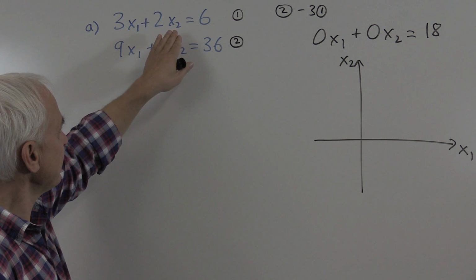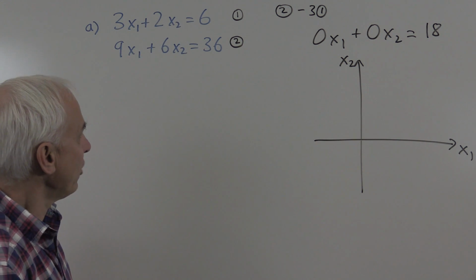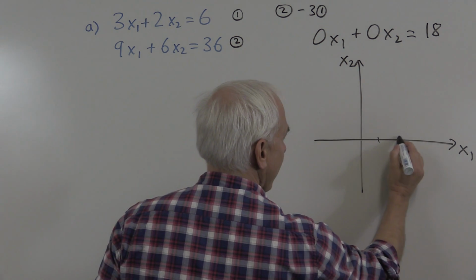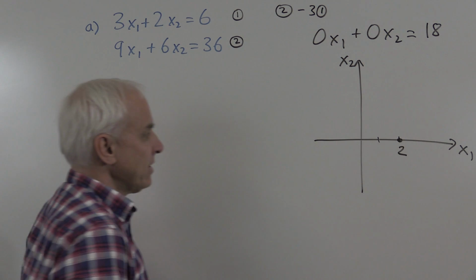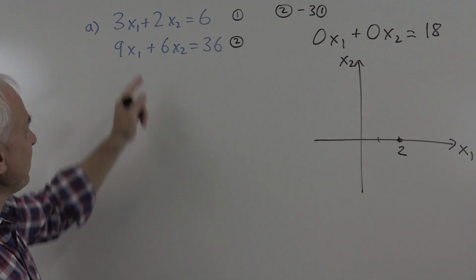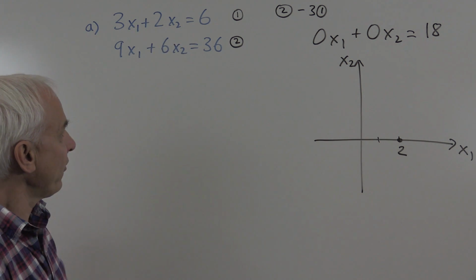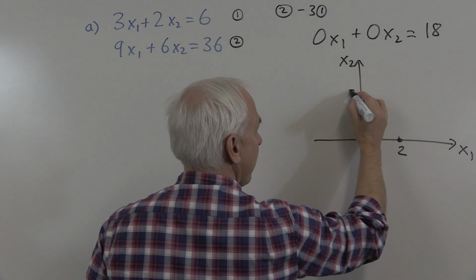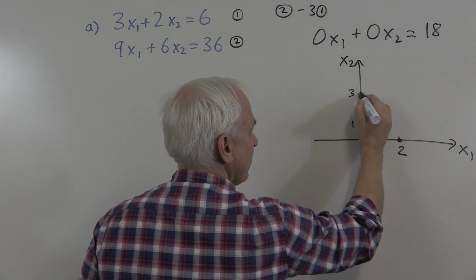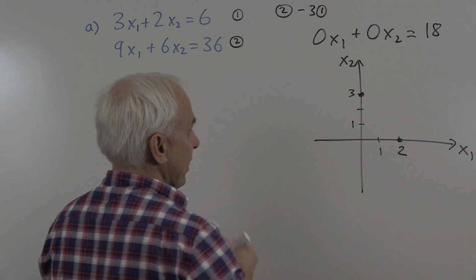So if we set x2 equal to 0, we get x1 equals 2. It's telling us that this line goes through the point 2, 0. And if we set x1 equal to 0, then we can solve for x2. We get x2 equals 3. So there's 1, 2, 3. All right, so it goes through that point there. And then the line looks something like this.